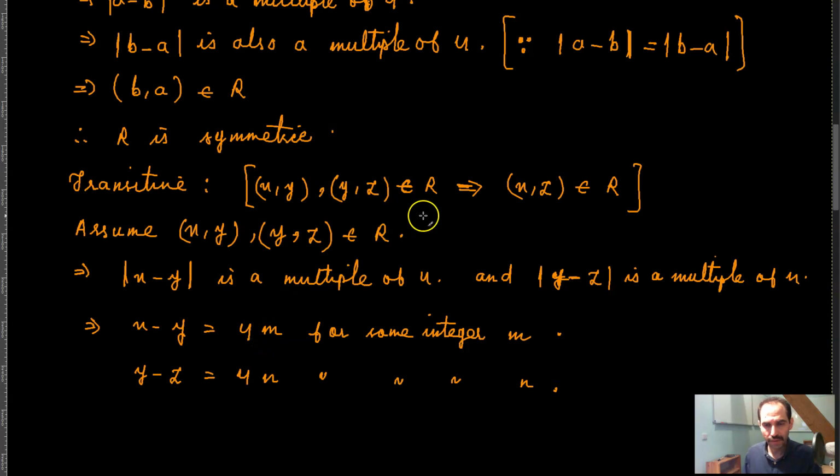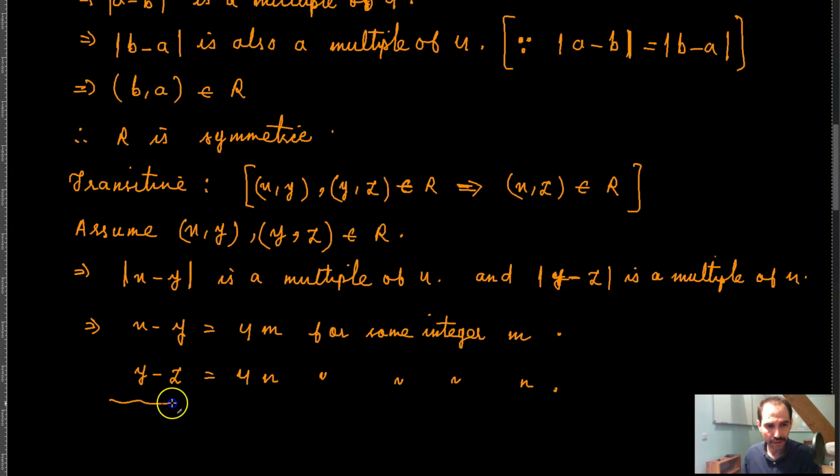Now how can we show that x and z belong to R as well, meaning that the absolute value of x minus z is also a multiple of 4.